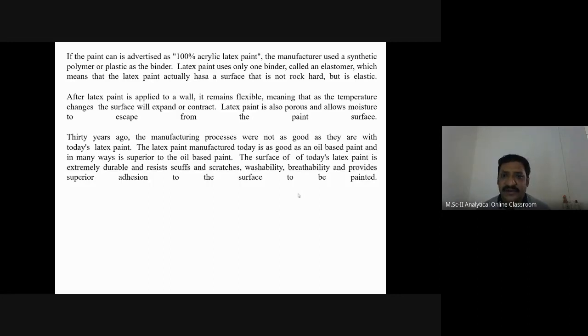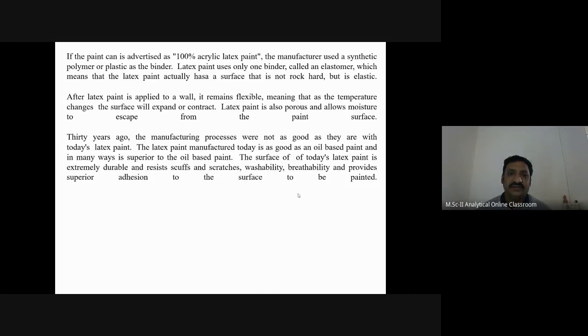Latex paint is also porous and allows moisture to escape from the paint surface. Okay, so what is its property? It is porous in nature, and due to that it allows moisture to escape from the paint surface.